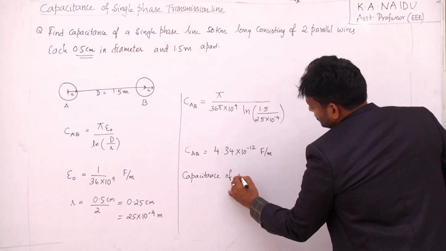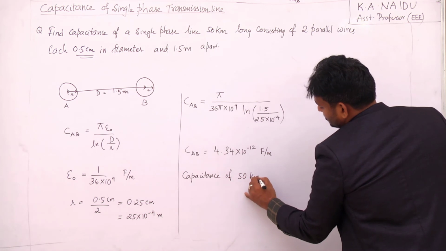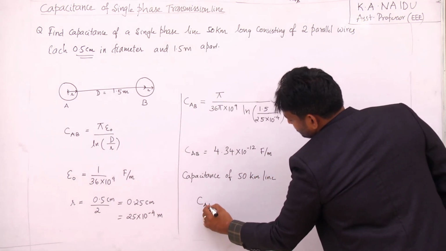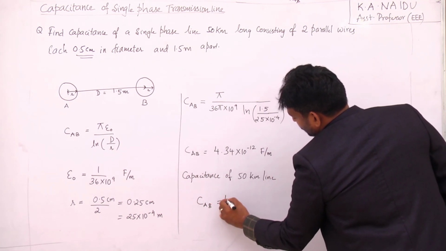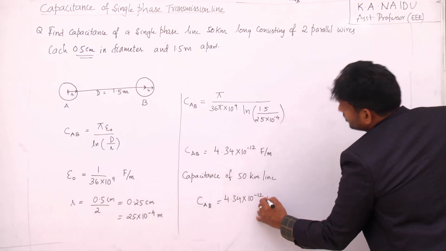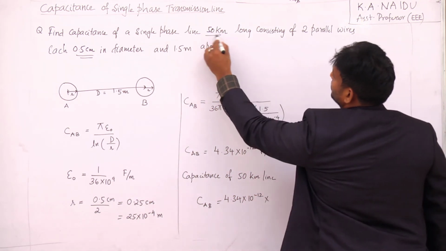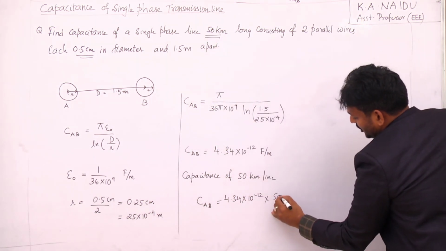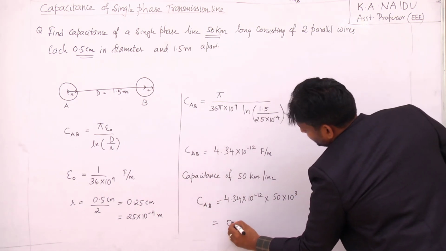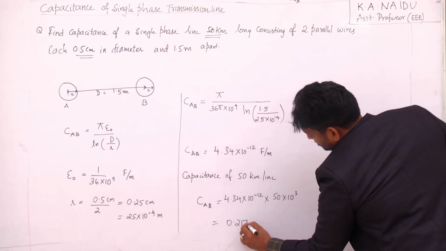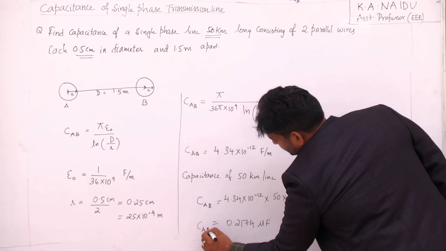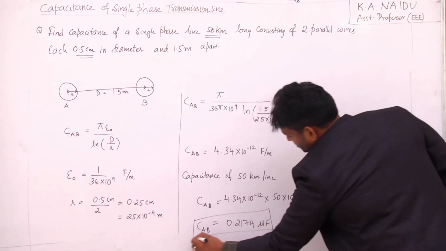Capacitance of the line is equal to 4.34 into 10 power minus 12 times the length, which is given as 50 kilometers, that means 50 into 10 power 3 meters. So you will get it as 0.2174 microfarad. So this is the capacitance of the parallel line.